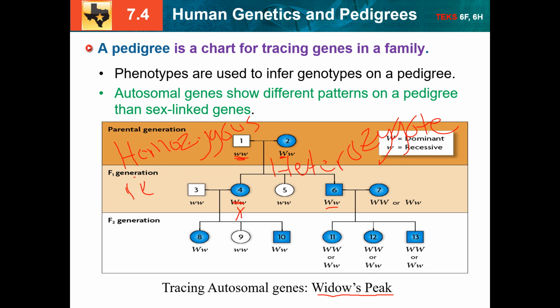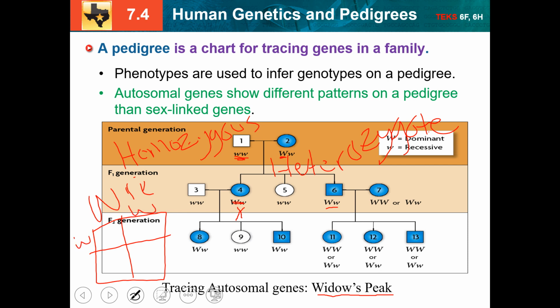And if you remember our Punnett square, we put the parents up here, capital W, lowercase w, and lowercase w, lowercase w. The offspring are big W little w, little w little w, big W little w, little w little w. None of the offspring have 2 capital W's. So that removes the only other option for what this genotype could be.